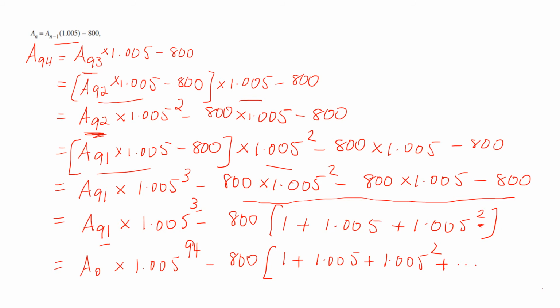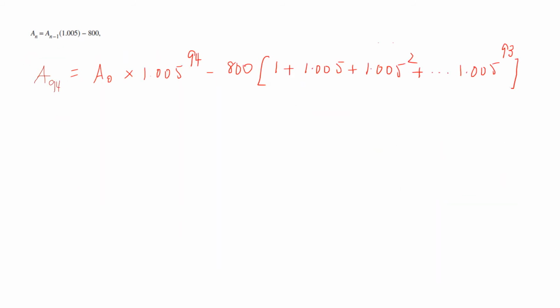This is 1 less than that number there, so that must be 1.005 to the power of 93. And of course A0 is equal to 60,000, and we're going to multiply that by 1.005 to the power of 94. Take away 800, and here we have a GP, or geometric progression, that we need to sum.